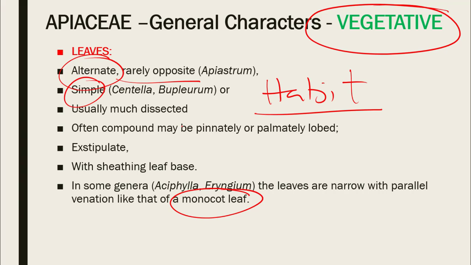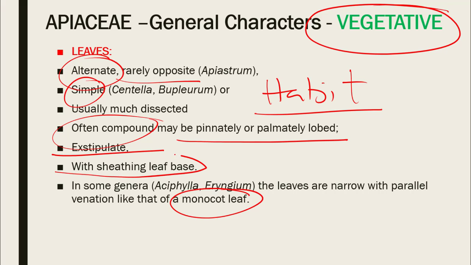They are simple, but usually they are compound, pinnately or palmately lobed. There are no stipules in the leaf of species of the family Apiaceae. Mostly you would find the base of the leaf sheathing, that is covering the stem for some distance, and in some genera the leaf might be narrow with parallel venation, just like a monocot leaf.